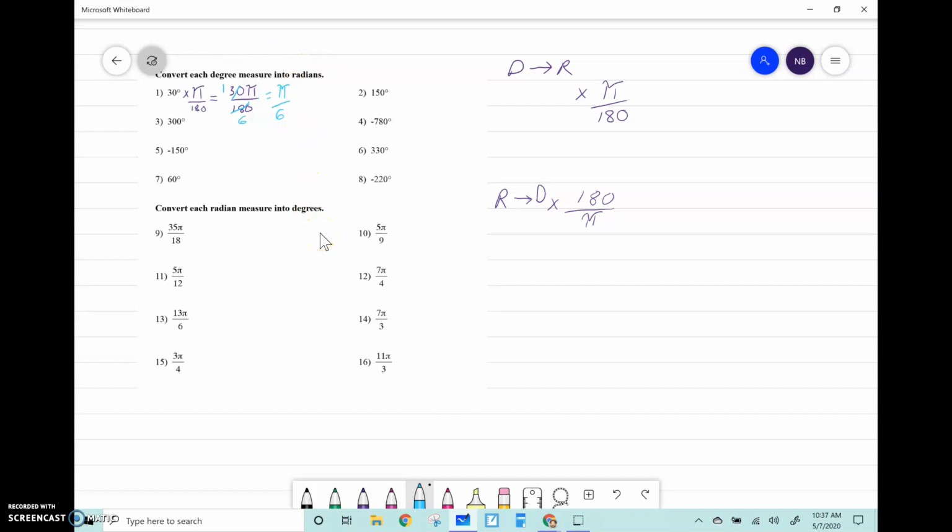Pi over 6. Now when we're doing radians to degrees, we're going to multiply, like we have in our notes, by 180 over pi. The reason why we do this is so we can cross cancel these pi signs. So we end up now with 35 times 180 over 18.